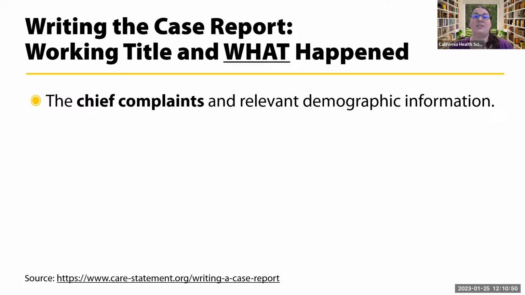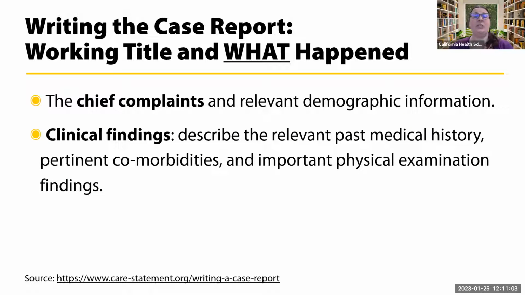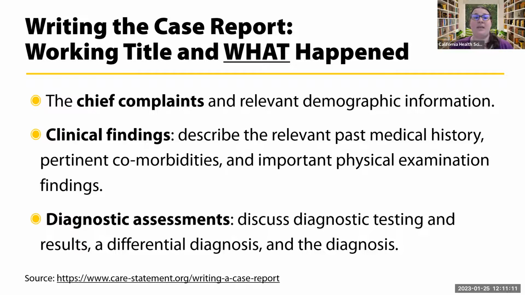And that narrative is going to include the chief complaints and relevant demographic information, being careful to make sure that you're not including those direct identifiers and limiting your indirect identifiers. It's going to include your clinical findings, the relevant past medical history, pertinent comorbidities, and important physical exam findings.